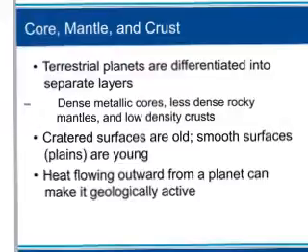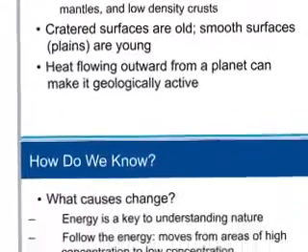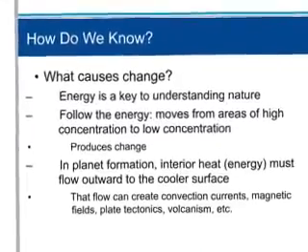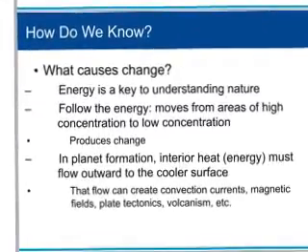And then we have heat flowing outward from a planet, and that makes it very geologically active. And we'll get into that in more detail too. We're going to talk about that activity in the next few slides. But we want to say right here that heat flowing outward from a planet can make it very geologically active. So we know we have a lot of volcanoes and things like that, but we'll talk about that activity in a few more slides.